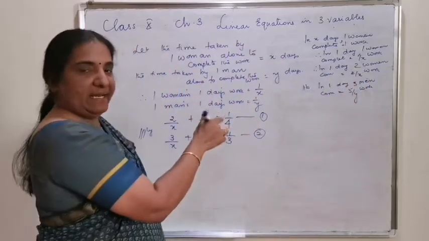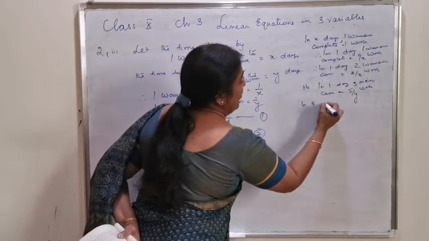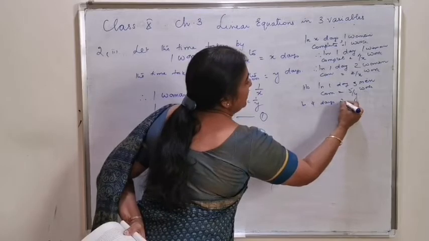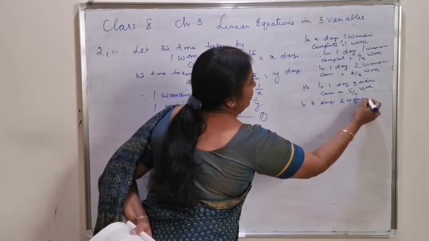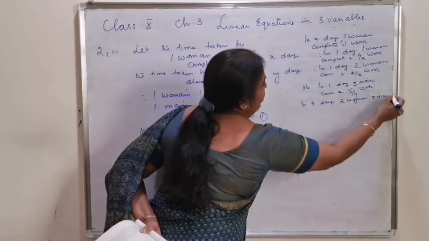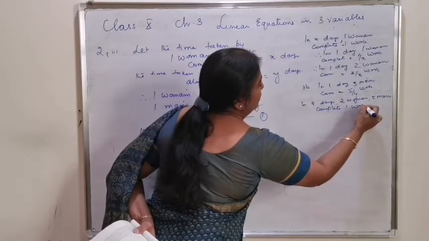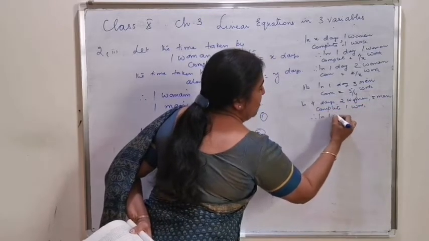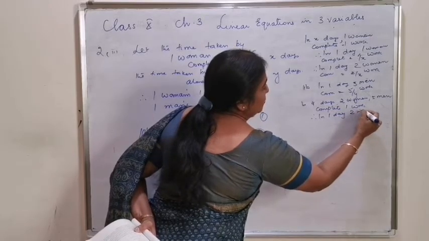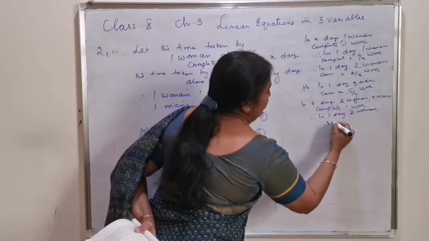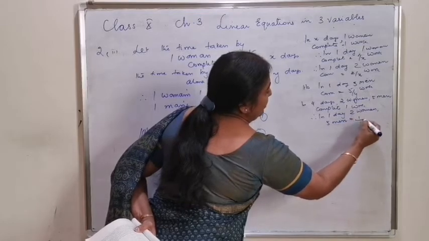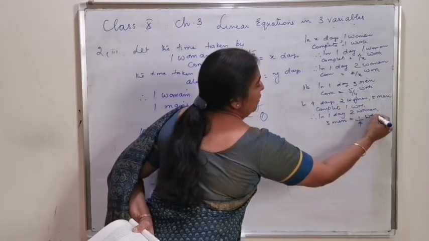What about this side? In 4 days, 2 women and 5 men complete 1 work. Therefore, in one day, 2 women and 5 men will complete 1 by 4 of the work.